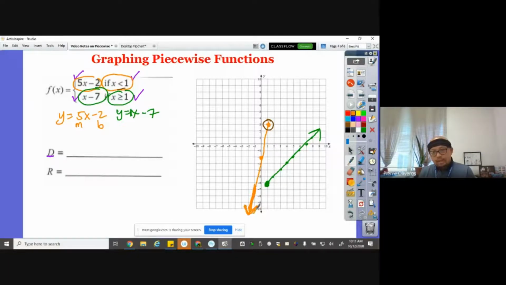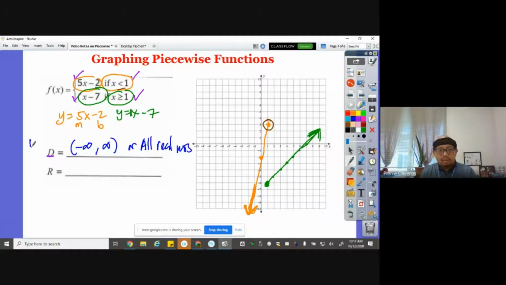And this green graph here is going to the right side. So it covers everything on the left and on the right side, all numbers from negative infinity to positive infinity. So the domain here is from negative infinity to positive infinity, or you can say all real numbers.